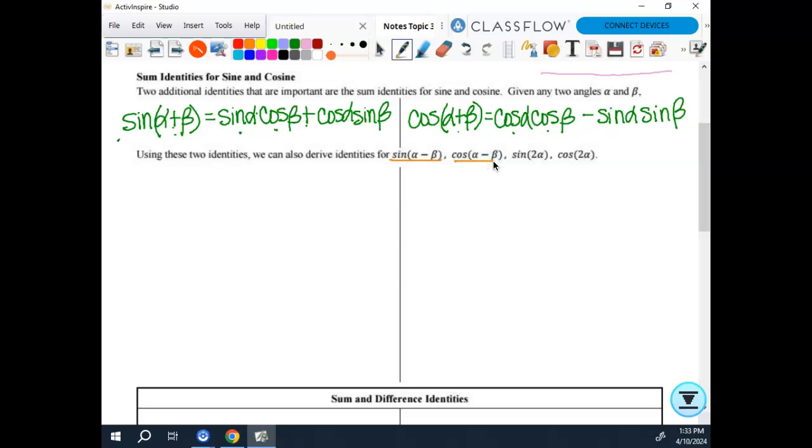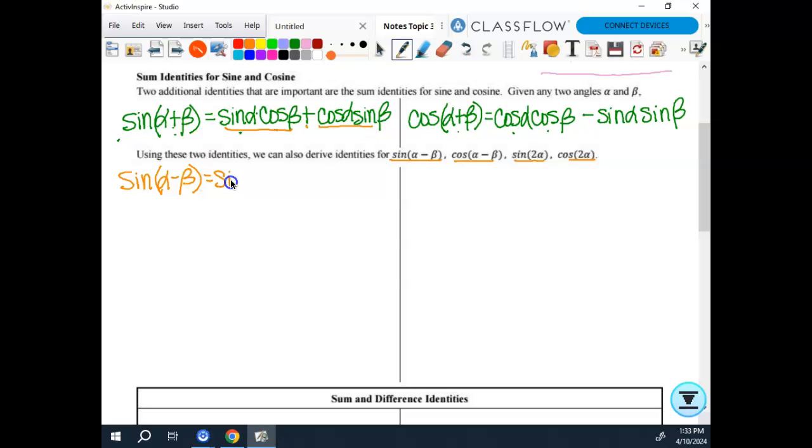But then from this, using these two identities, we can also derive identities for the subtraction, or the difference identities, and what we call the double angle identities. So if I want the sine of alpha minus beta, the rest of this looks the same except the sign changes. These two pieces stay exactly the same.